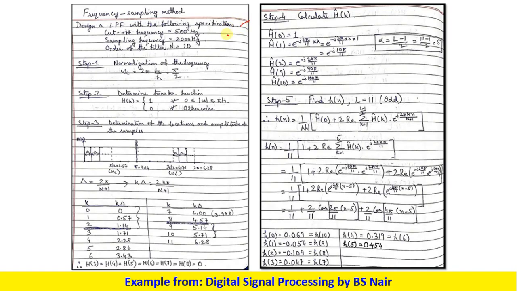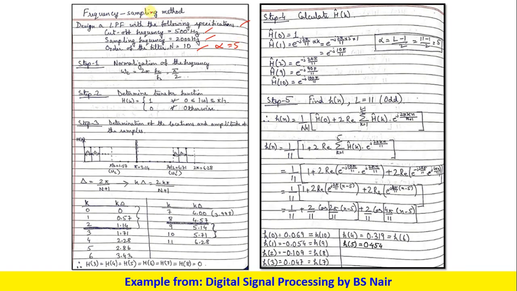The cutoff frequency of the filter is given as 500 Hertz, the sampling frequency is given as 2000 Hertz, and the order of the filter, capital N, is given as 10. Here alpha would be equal to 5.